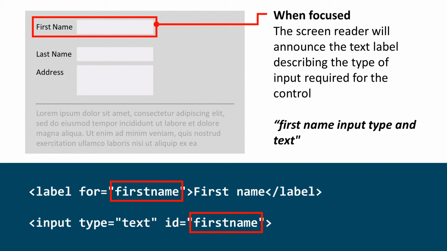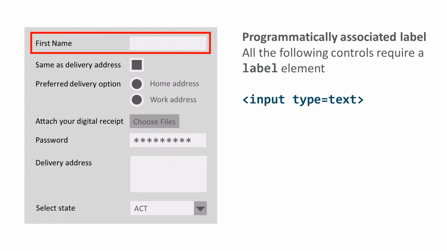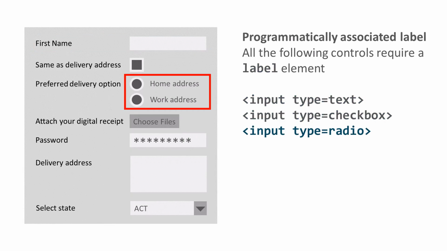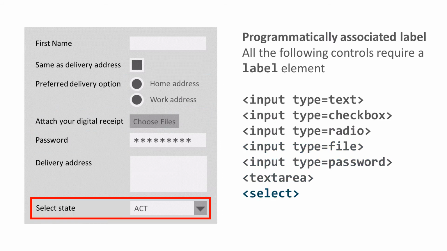Not all form controls require an explicitly associated label. The following controls do require a label: text input, checkbox, radio button, file upload, password, text area, select. Several controls don't require a label, as a text description is provided by the value attribute of the control, the alt attribute, or content within the element.